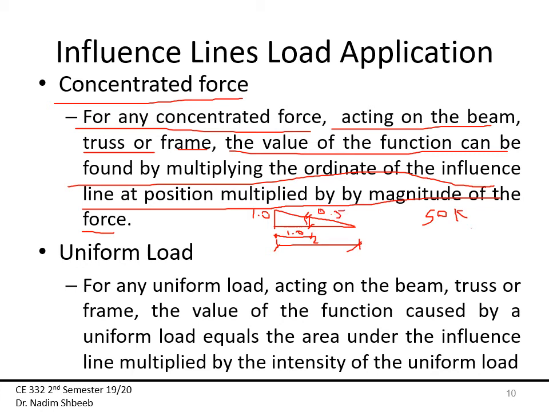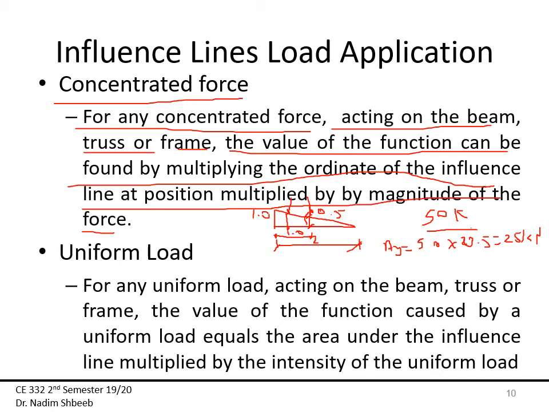So if I apply a 50 kilonewton load, what would be the value of the reaction AY if I apply it at this position here? In this case, AY would be equal to 50 times 0.5, and the answer would be 25 kilonewton. Okay. If I put a load somewhere else, all I have to find is the value of this ordinate, multiply 50 by it, and it will be the value of the reaction due to that 50 kilonewton load.